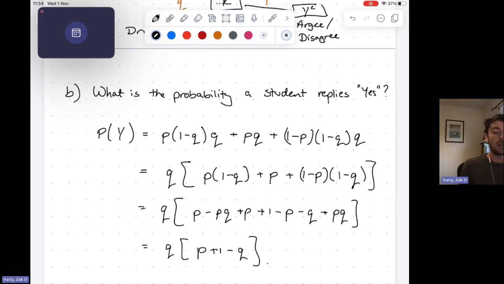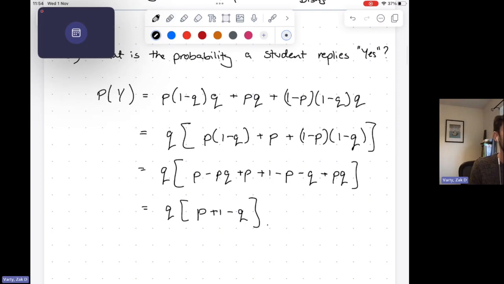Okay, so relatively straightforward, either applying algebraic laws of probability or through inspection of the probability tree. But what this gets us is an expression for the probability of a particular response in terms of the true probability that we want to estimate and the randomization probability which we control.